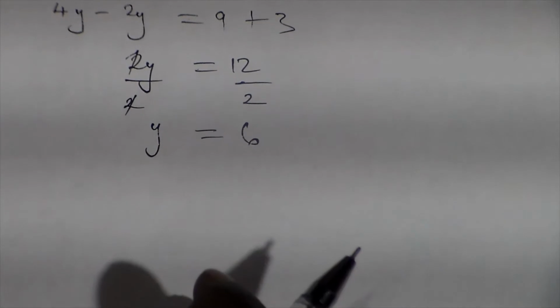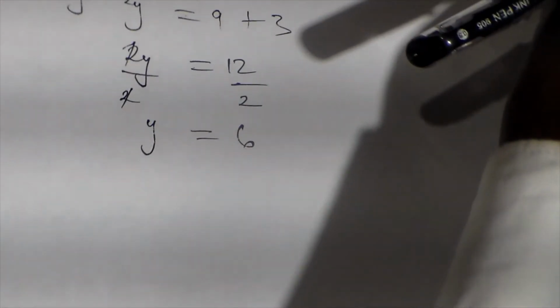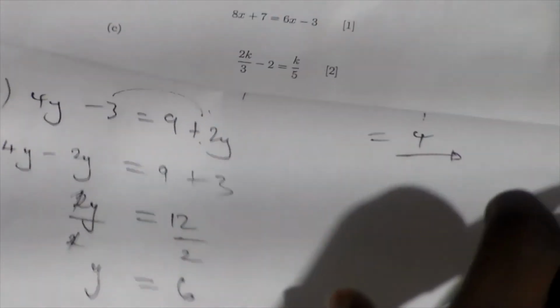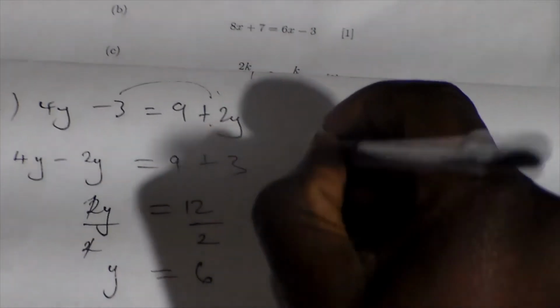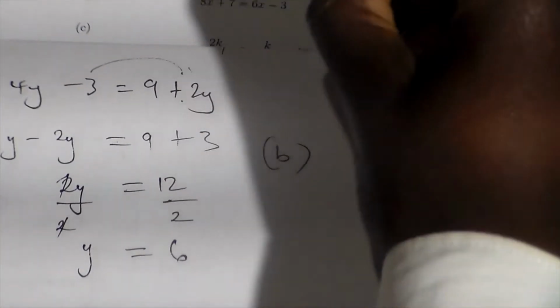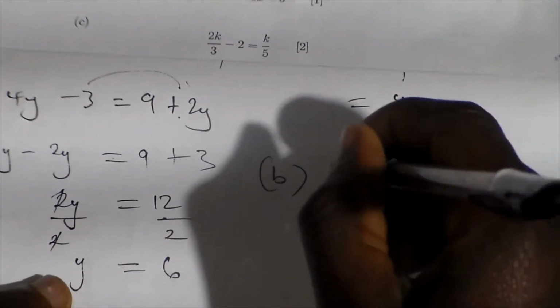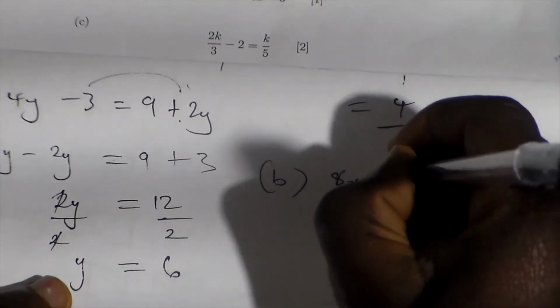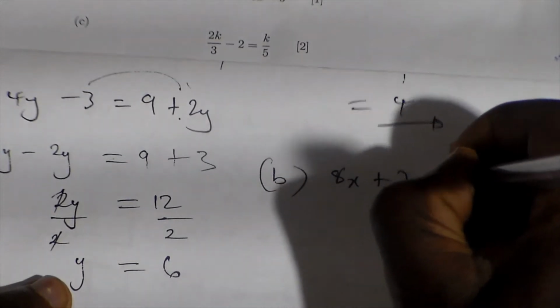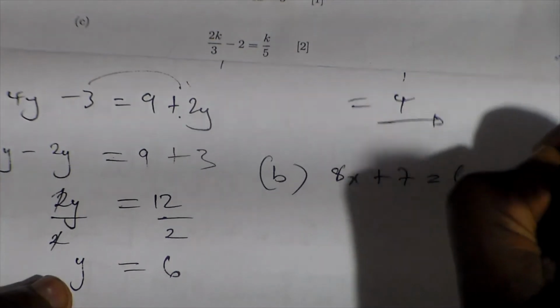Getting on to part B of my number 2, this one was saying 8x plus 7 is equal to 6x minus 3.